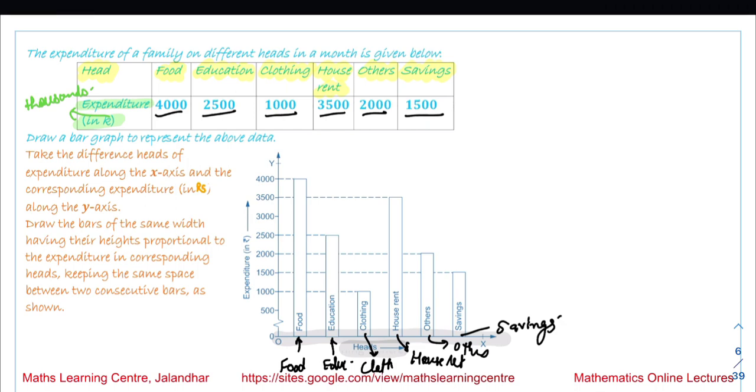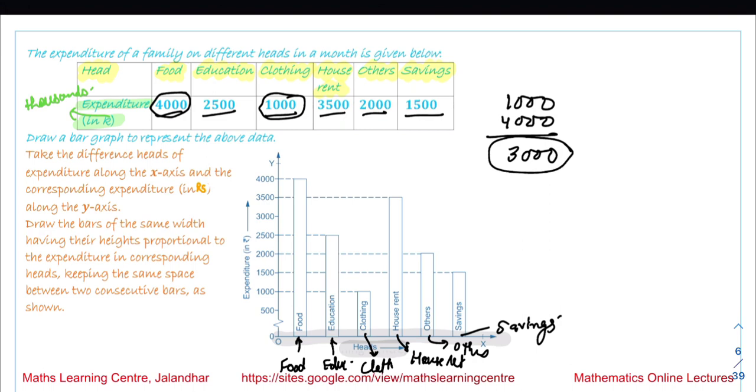It is difficult to draw all these points if we start drawing from 0. So suppose we mark the points at a distance of 500 units. The minimum value here is 1,000 and the maximum value is 4,000, so the range of this data is 3,000.